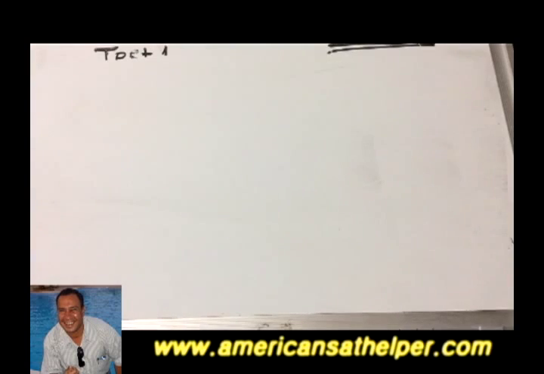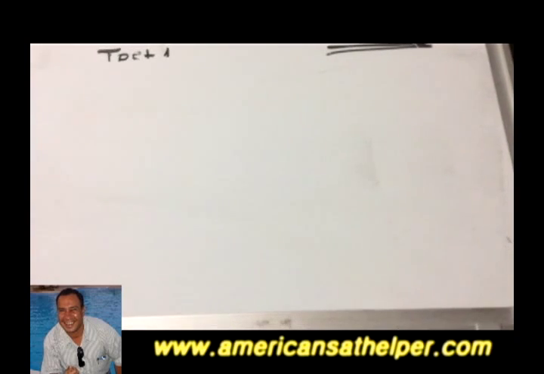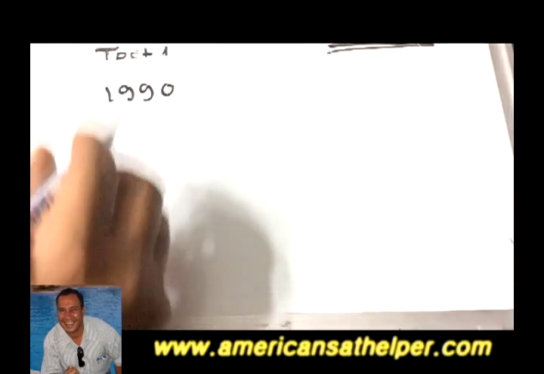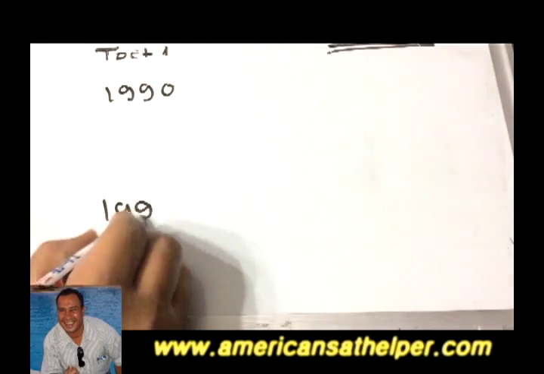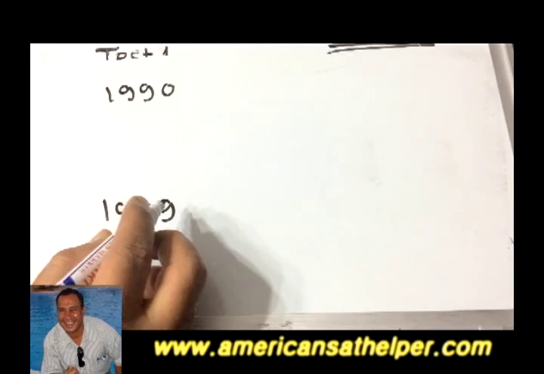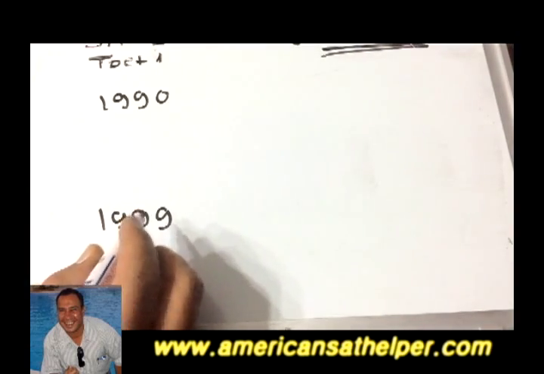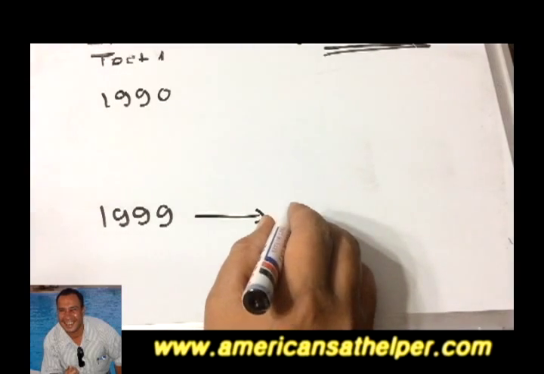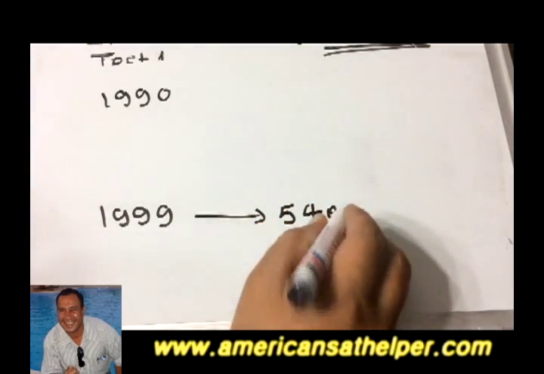When we write down the dates, we have to start with 1990 until 1999. In this problem, he said that the number of squirrels in 1999 was 5,400.